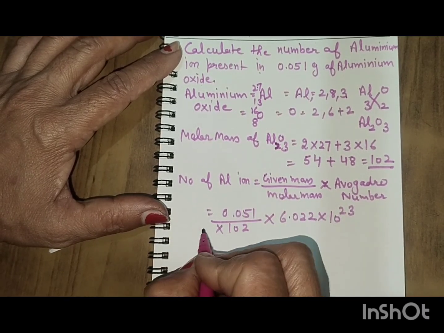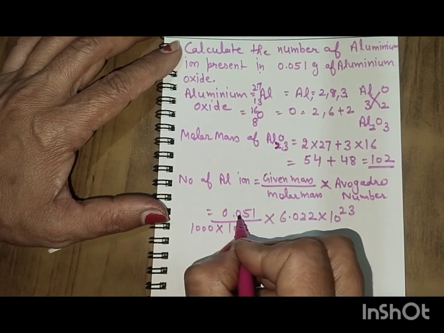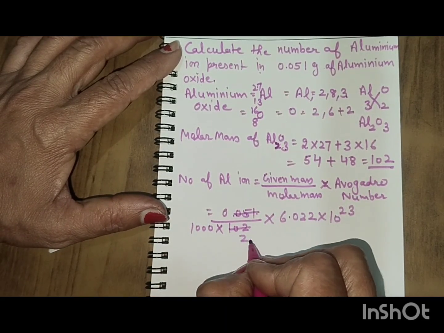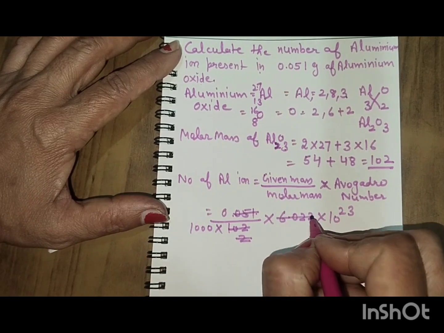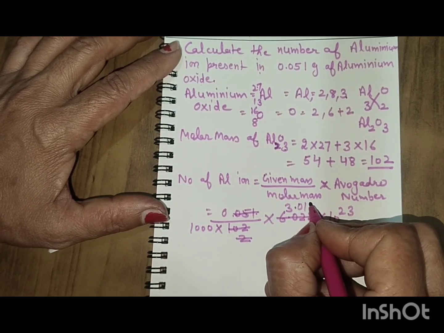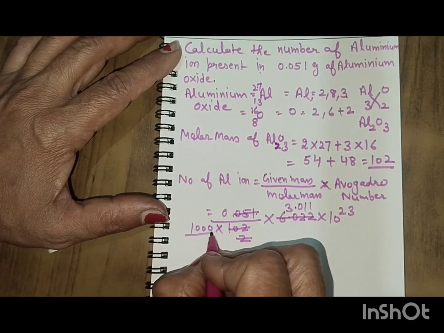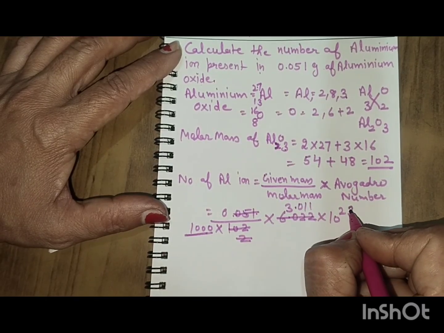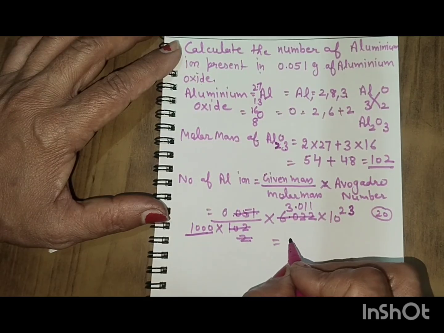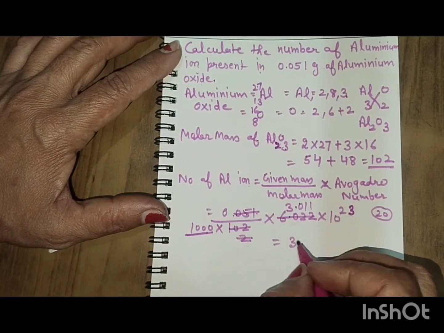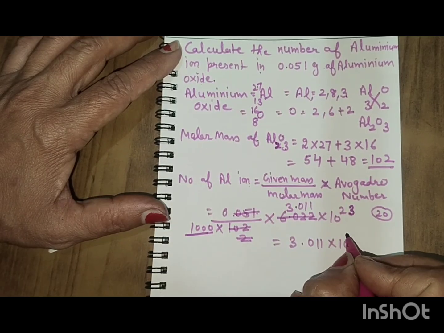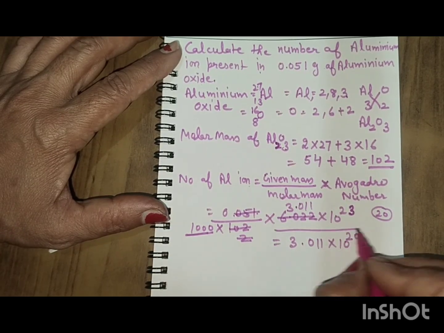Now replace this decimal by putting 1000. 51 divided by 102 is half, so we get 3.011, and the powers of 10 cancel to give 20. Now number of aluminium ions is 3.011 into 10 raised to power 20.